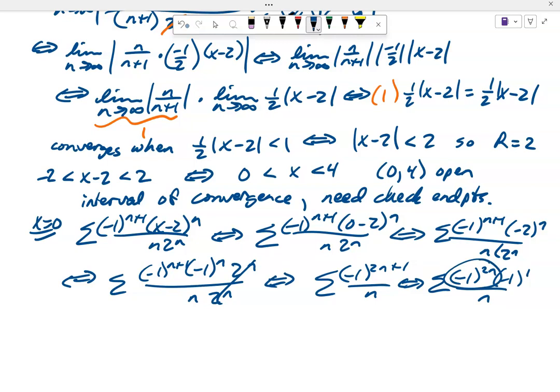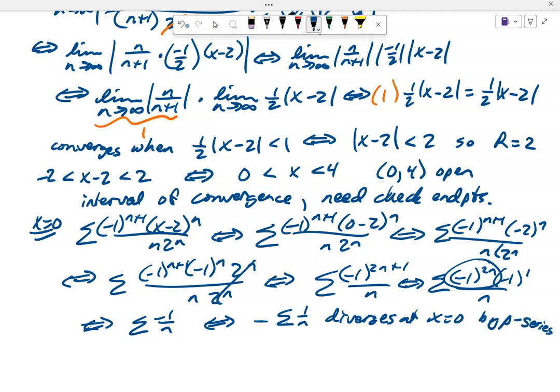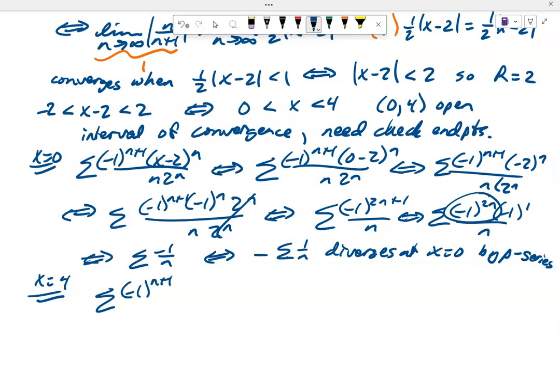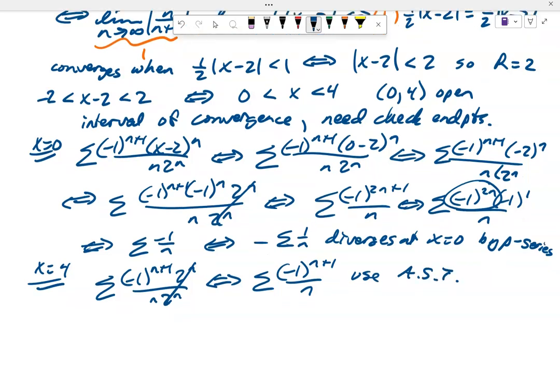That's always positive right there. So we're just left with negative 1 over n. By the p-series test, it diverges. Now I got 4 minus 2 to the n, so I got 2 to the n. So I got an alternating series here, so I use the alternating series test.